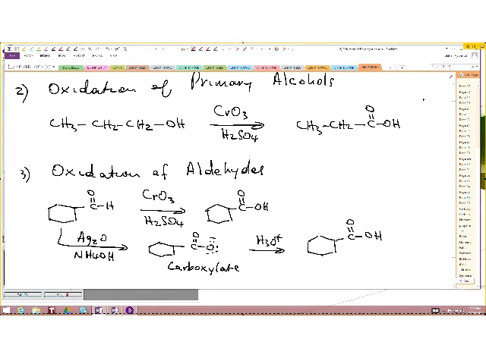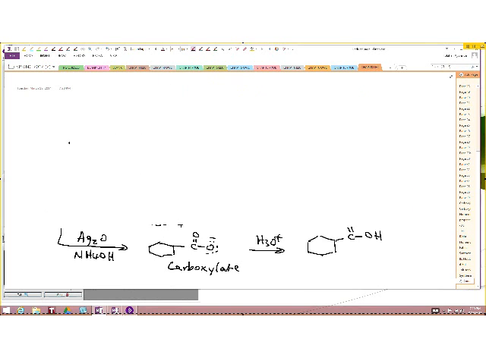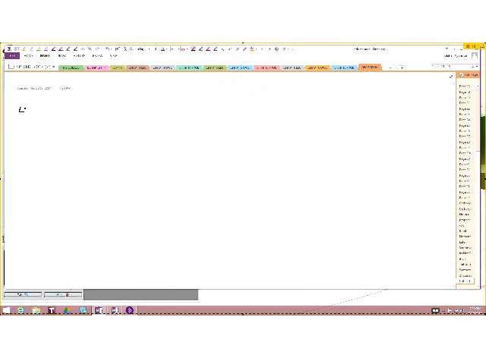Now we could also obtain carboxylic acid as a result of carboxylation of Grignard reagent. So this is 4. We all know what Grignard reagent is.